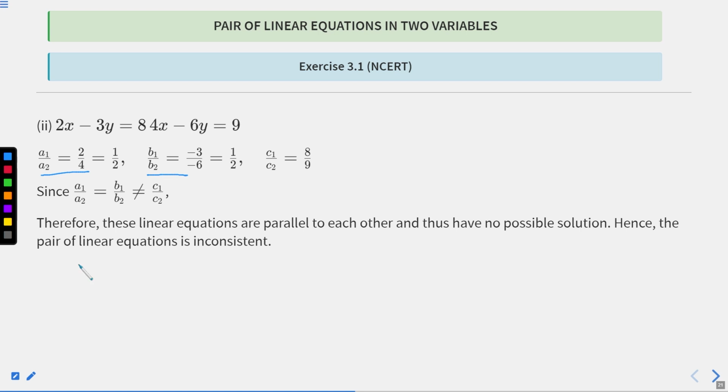And the ratio c1 by c2 is equal to 8 by 9. Since a1 by a2 is equal to b1 by b2, but does not equal c1 by c2, therefore these linear equations are parallel to each other and thus have no possible solutions. Hence, the pair of linear equations is inconsistent.